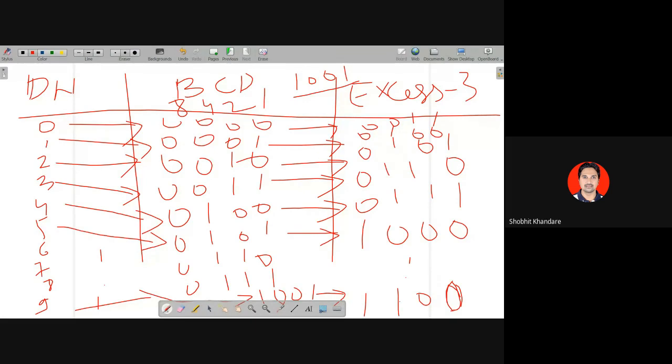So how do you add in XS3? The 10 will be written as 1010. Yes or no? Yes or no?